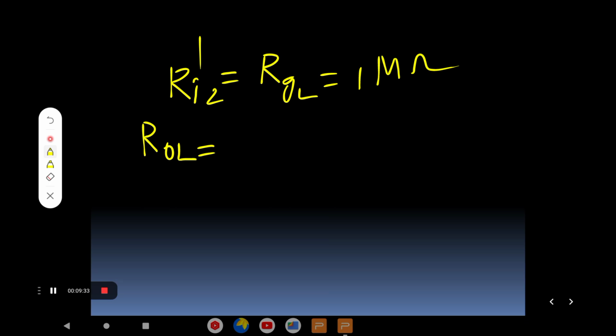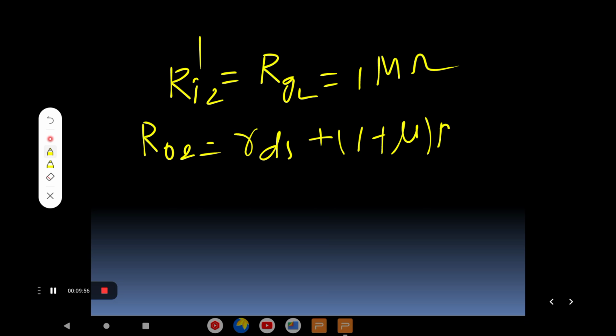To find the output resistance RO2, you have to use the formula RO2 = RDS + (1 + mu)·RS.